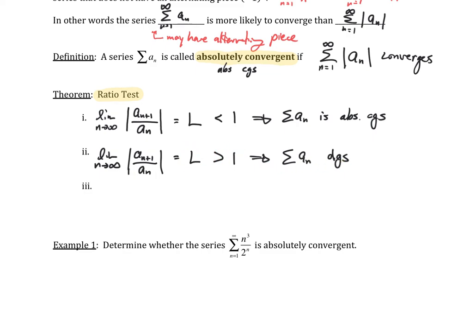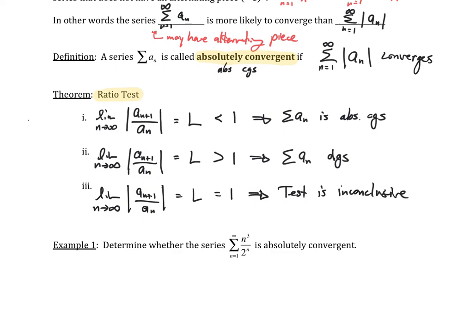So the natural question you're asking is, what happens when the limit as n goes to infinity of the absolute value of a_{n+1} over a_n is equal to L, and what if that's equal to 1? In this situation, the test is inconclusive. That means we need to try another test, something else.